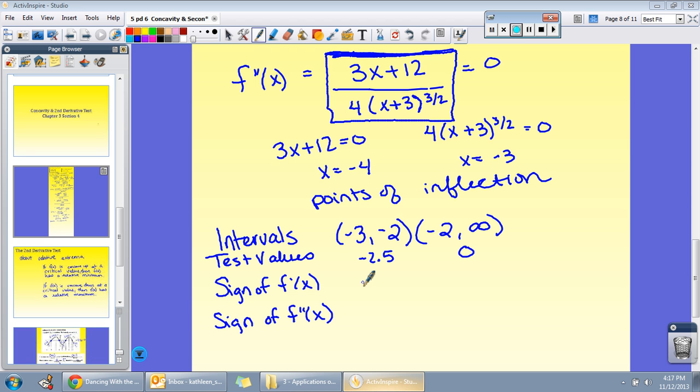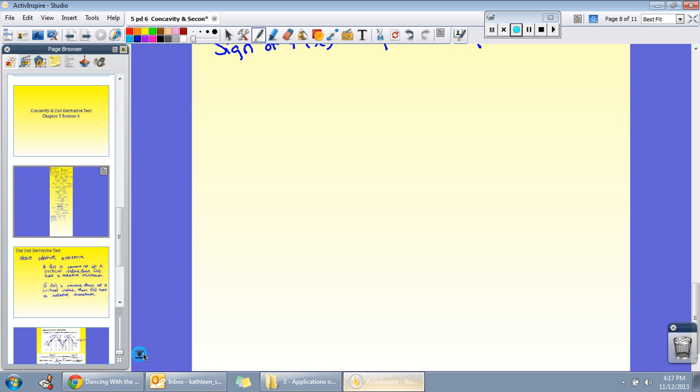Hopefully you've got that the derivative on the interval from -3 to -2 is negative, and from -2 to infinity is positive, and then the second derivative should be positive and positive. So we can make some conclusions based on our little sign chart.